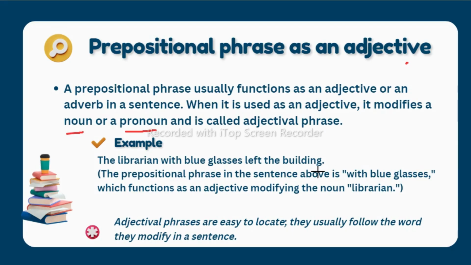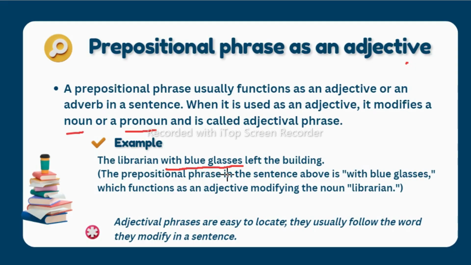First of all, you have to identify where your prepositional phrase is in the given sentence. So we have here: the librarian with blue glasses left the building. Where do you have the prepositional phrase in this sentence? We have the preposition with blue glasses. It's our prepositional phrase.